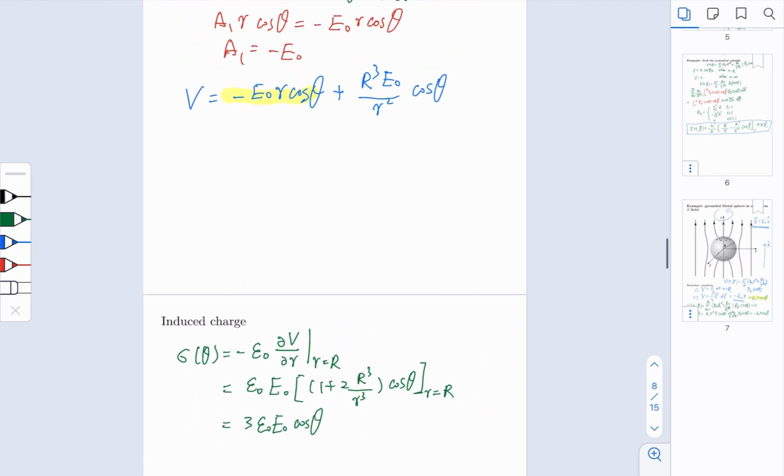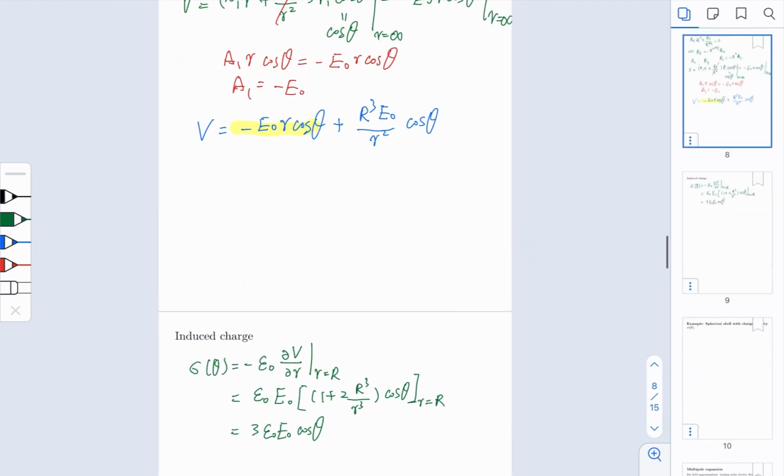So my question for you is, here we have two terms for the potential, right? And what I just said, this term originates from the electric field far away, and this term is produced by the induced charge.